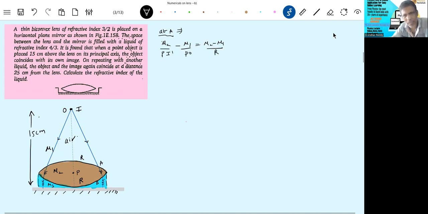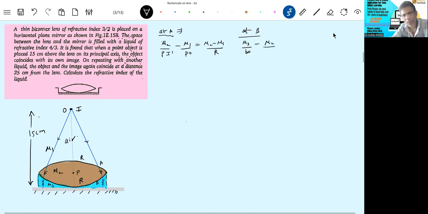Then again at B, refraction. Now the refracted ray is in the liquid, mu3, and the image should be at infinity, because after refraction the rays will become parallel. The final image will be at infinity.